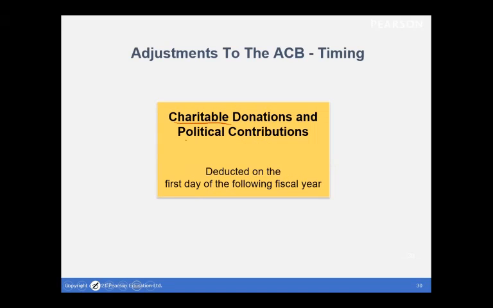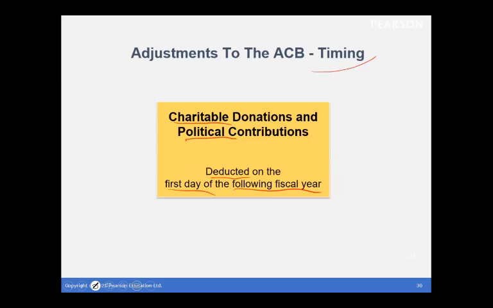Also, charitable donations and political contributions, same thing, deducted on the first day of the following fiscal year. So if you put real money in or take real money out, that happens when it happens, right? But these annual statement amounts adjust once a year, at the start of the next year, first day.